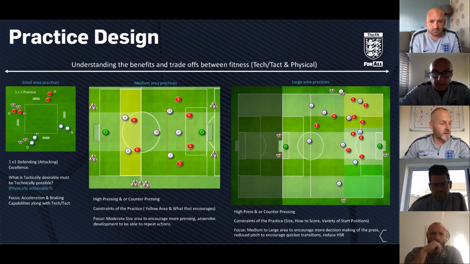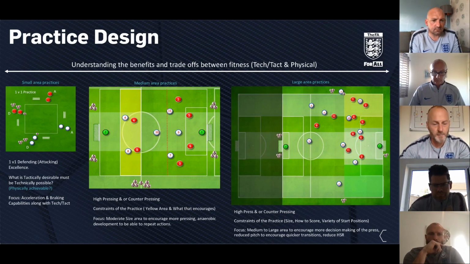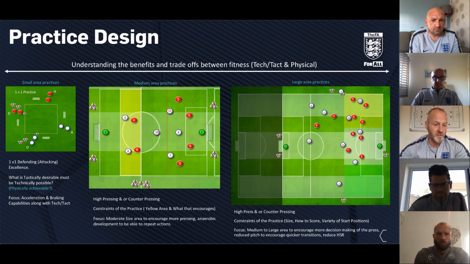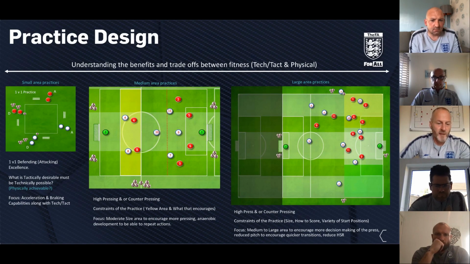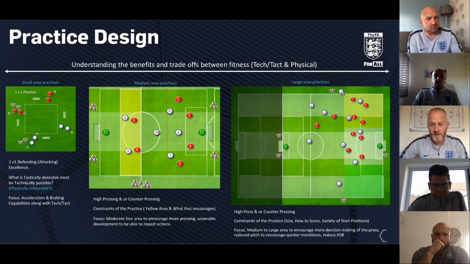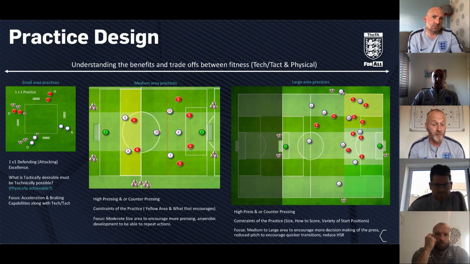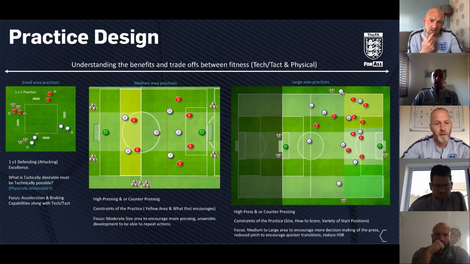Yeah, no, and I think it's a great point as well, Paul. From the very outset around designing practice, it's about being really clear about what it is you want to try and achieve. The practice only comes to life when you've got individuals and you're trying to improve them. So the point Matt made around having a physical performance coach alongside you to give real specific detail around being able to control his or her body, the balance, the feet, the knees, the shoulders, the head, etc. is really key.